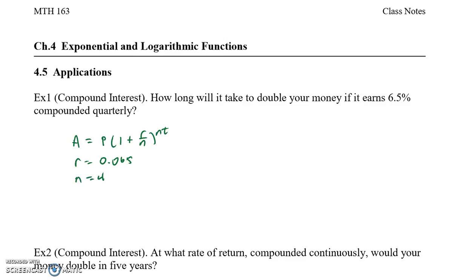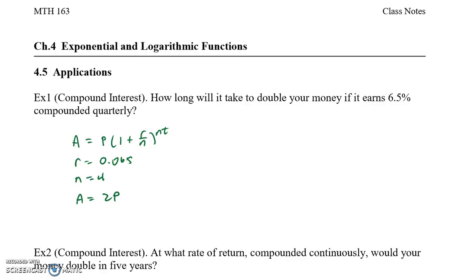How long will it take to double your money means that the future value should be twice whatever the initial investment was. So if that investment was $100, then the future value should be $200. It actually doesn't matter how much money we start with. The only thing that really matters is the fact that it doubles. So whether it's $1 or $100, it should take the same amount of time to double the investment.